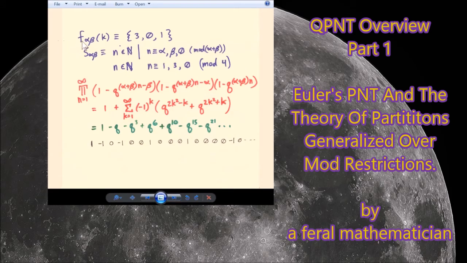All right, so with our quadratic thus and our set defined thus, we are looking at the natural numbers that are equivalent to 1, 3, or 0 mod 4. And that product form of the generating function can be broken up into terms consistent with their congruency class, or by the summation form where everything's the same.